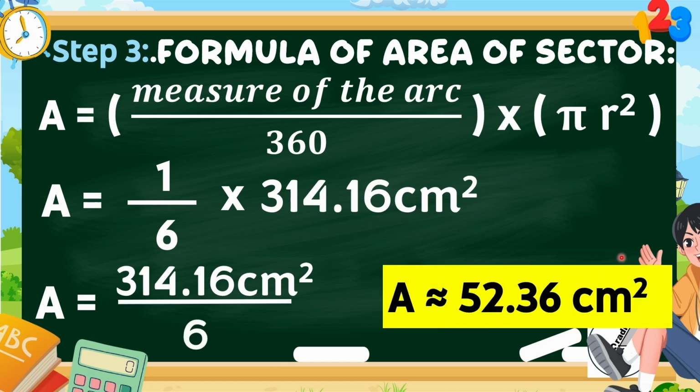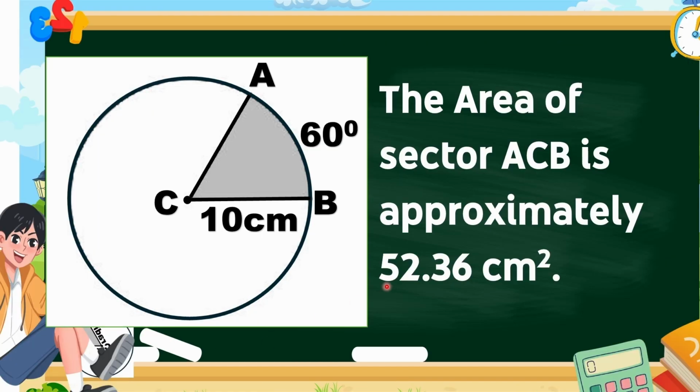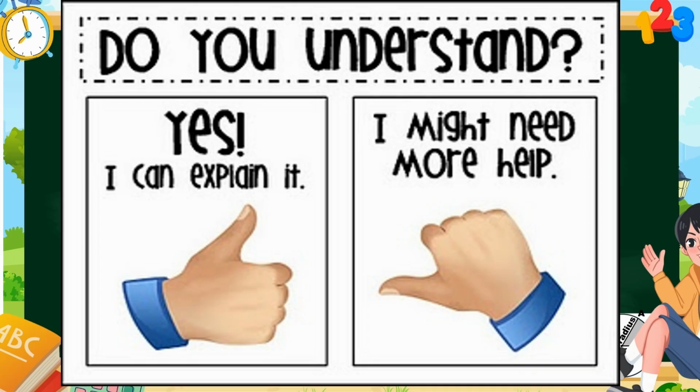So now we have approximately the area of the sector of the circle is 52.36 square centimeters. Again, the area of the sector ACB is approximately 52.36 square centimeters. Approximately means not exact but very close to the actual value.